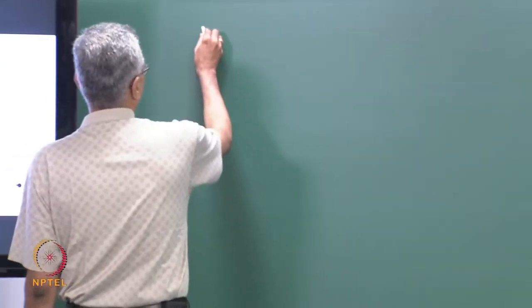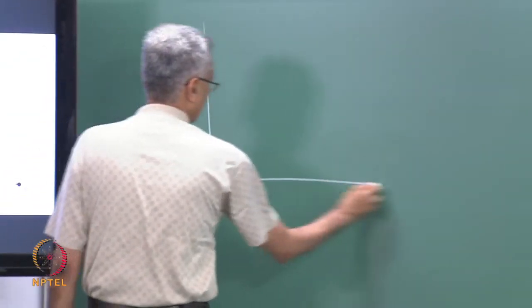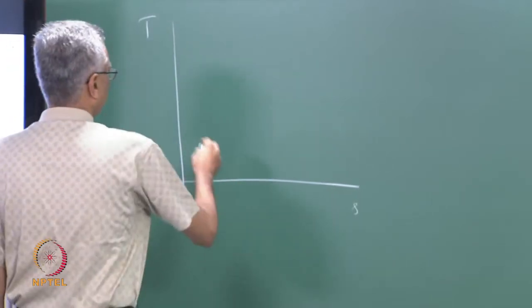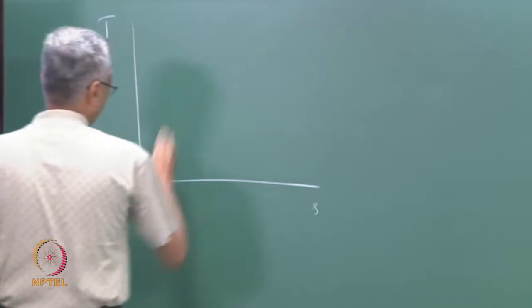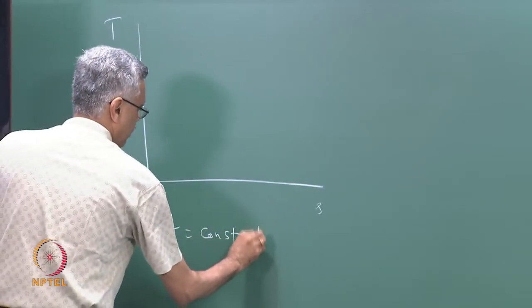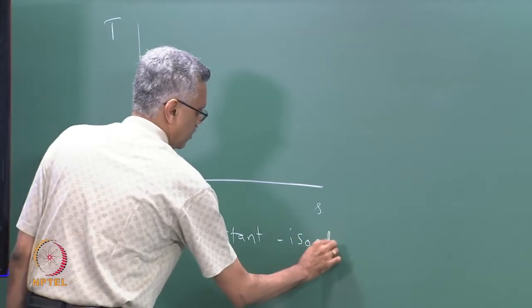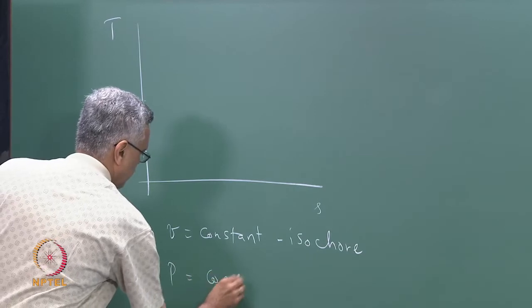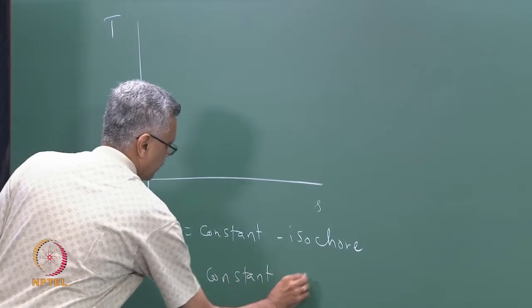In the previous class, we looked at depicting state points on a TS diagram. We depicted both a constant volume line, which is an isochore, and a constant pressure line in this diagram.